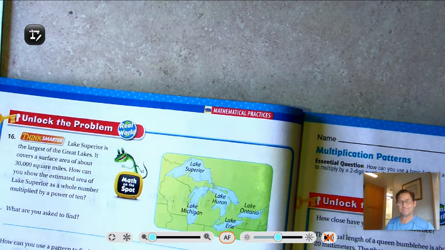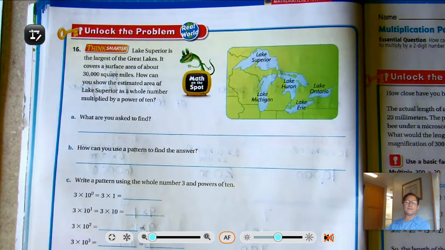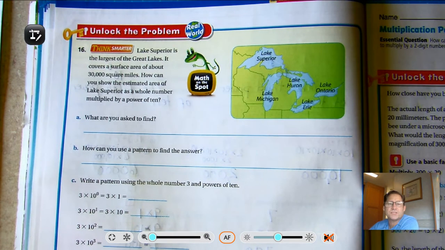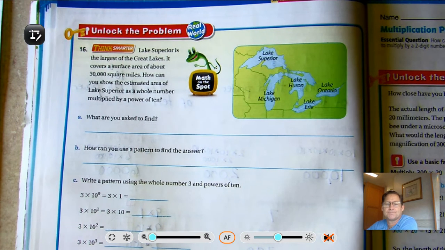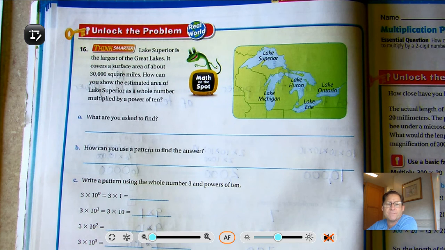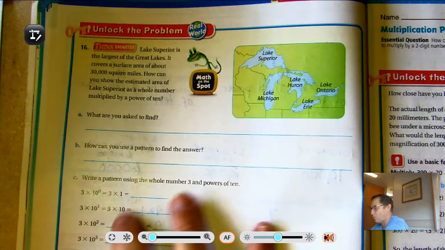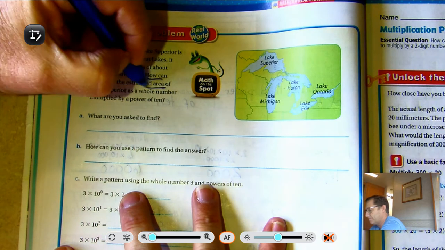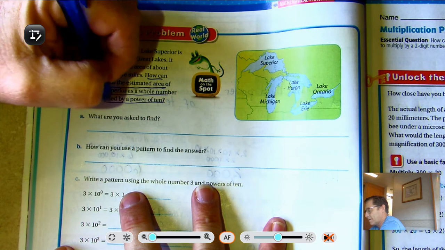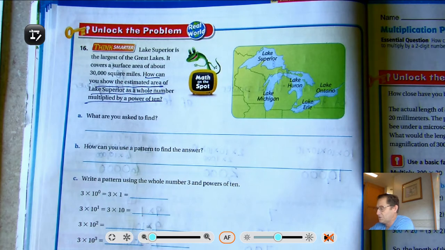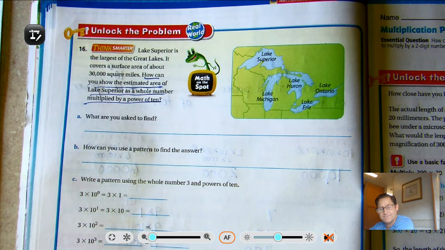Page 20. Lake Superior is the largest of the Great Lakes. It covers a surface area of about 30,000 square miles. How can you show the estimated area of Lake Superior as a whole number multiplied by a power of 10? Okay, so that's our question, right? What are you asked to find?